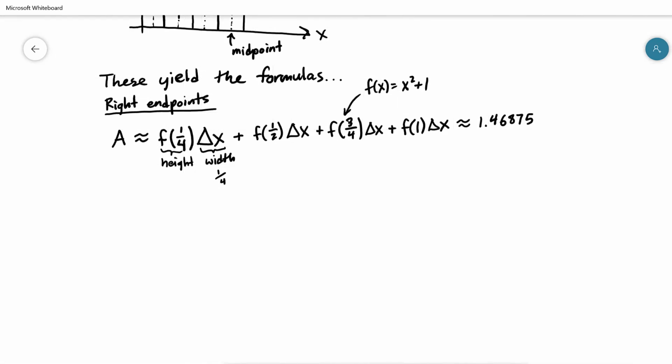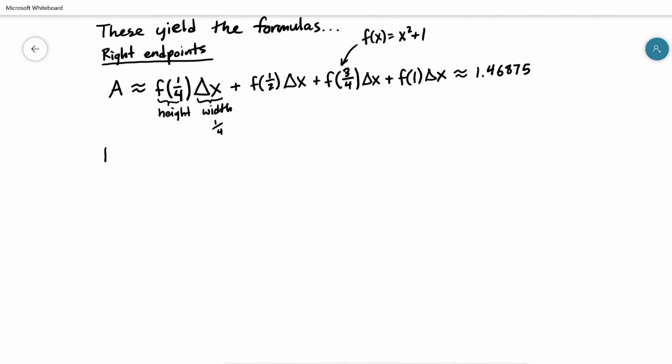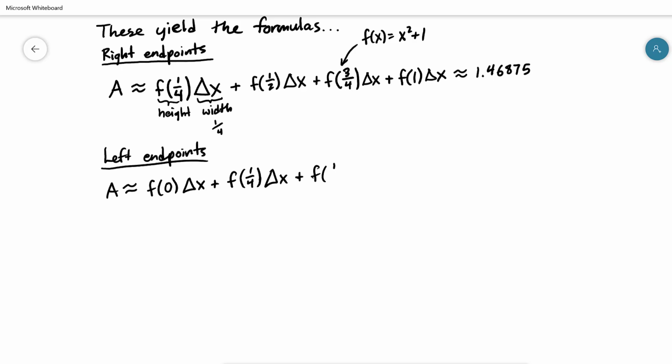And what we'll get if we use all of the left endpoints instead is going to be an area that's approximately equal to, so we're going to get f of 0, that's the left endpoint of the first one, times delta x, plus f of 1/4 times delta x, plus f of 1/2 times delta x, plus f of 3/4 times delta x. So this is using all of the left endpoints of each of those rectangles.